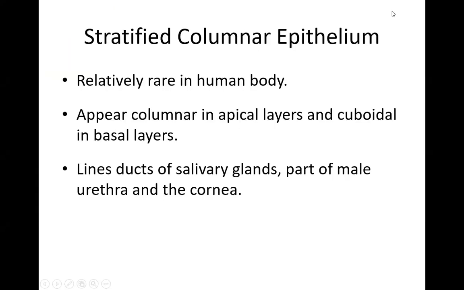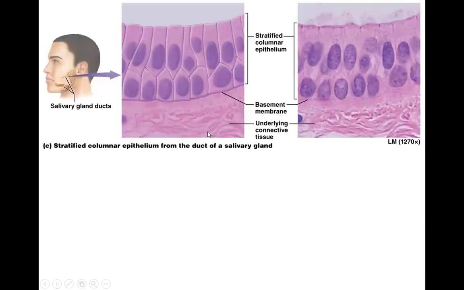Stratified columnar epithelium is also relatively rare in the human body. It appears columnar in the apical layers and cuboidal in the basal layers. It lines the ducts of the salivary glands, part of the male urethra, and the cornea. So this is stratified columnar epithelium from the duct of a salivary gland.